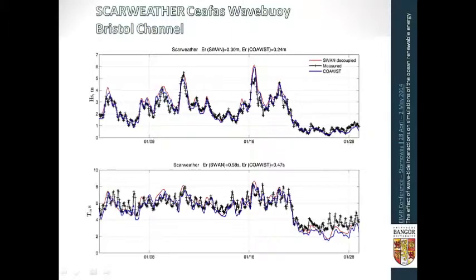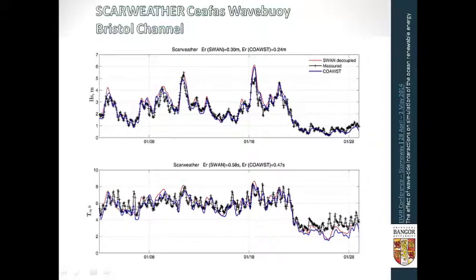It increased about 25% when I included the wave-current interaction, because there was a modulation of tide in the wave properties. So I'm sure it's going to be more than 50% improvement over the tidal wave energy if you include that.